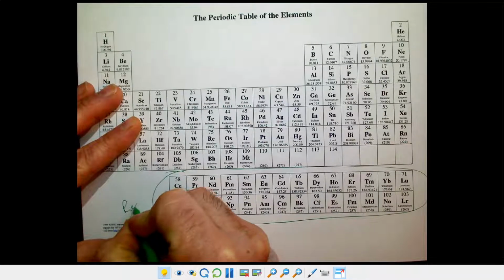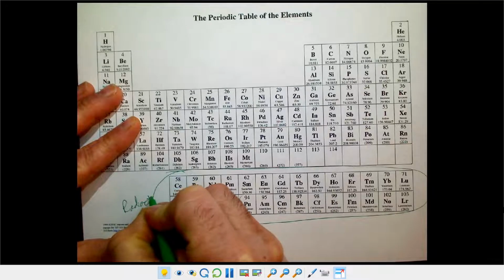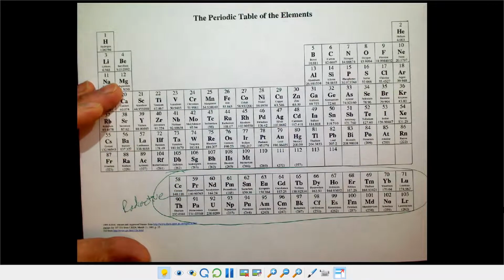And the reason why they're radioactive again is because they're relatively large atoms. And many of the isotopes of the elements that are on this portion of the periodic table are also radioactive. Not all isotopes, but some of them are. But I believe all of these guys, all of their isotopes are radioactive down here, which is one of the reasons why they were actually pulled out of the body of the periodic table and written down there.